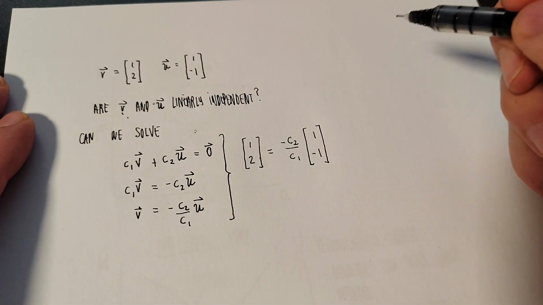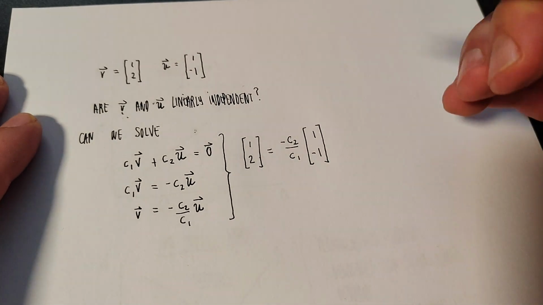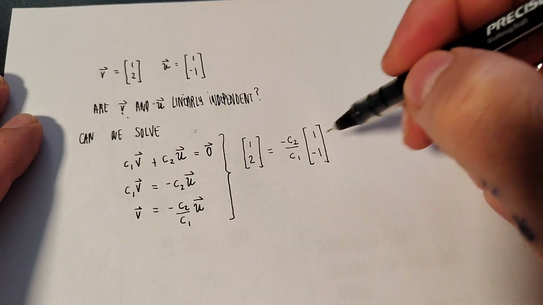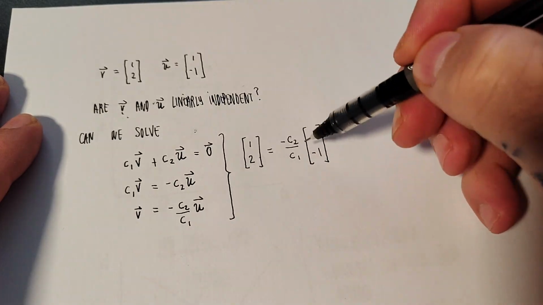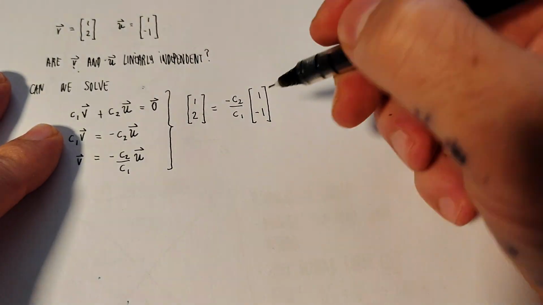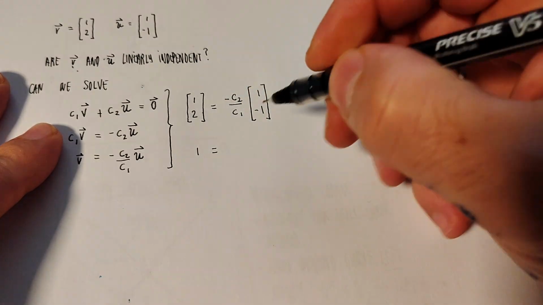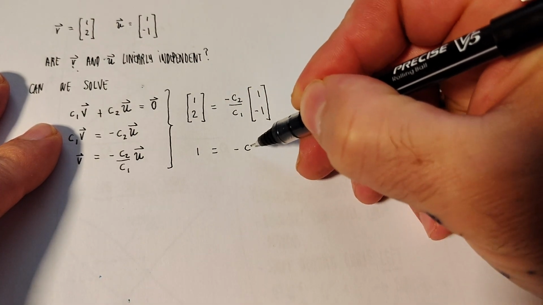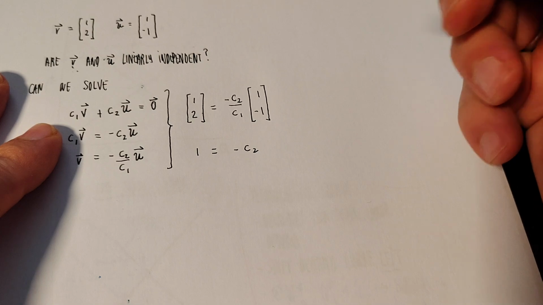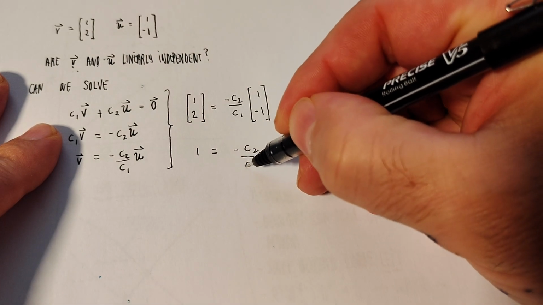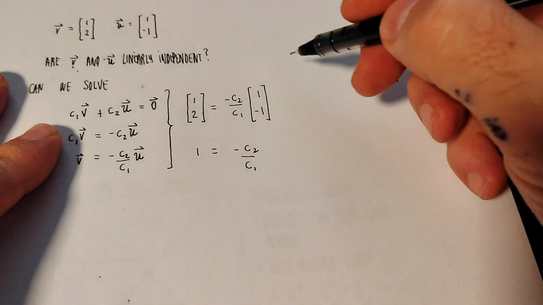So we can also do this another way if we'd like, but we can just write this out. So again, using that scalar multiplication, we can see is 1 equal to negative C2 over C1, right?